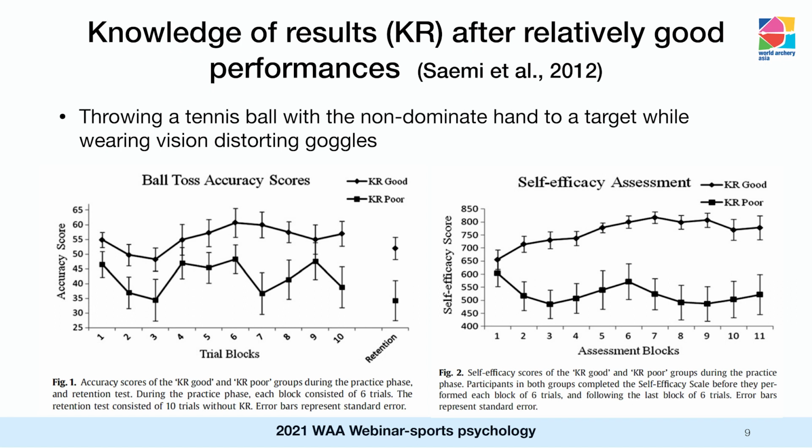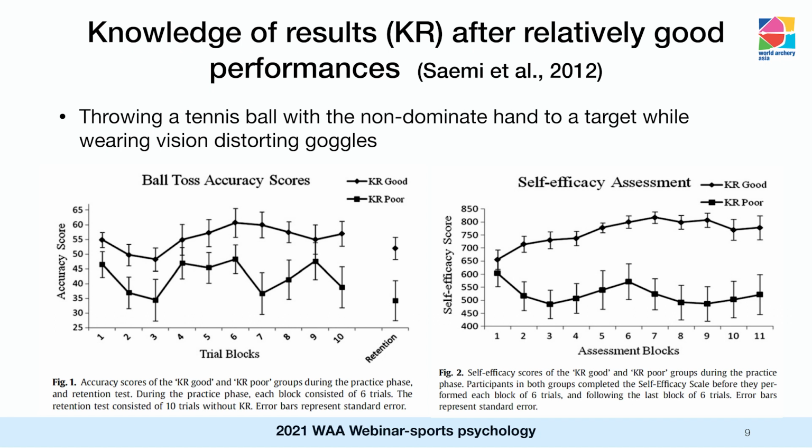And the group that received the KR based on their poor performances, the accuracy score was not that stable and it was lower in the retention test.